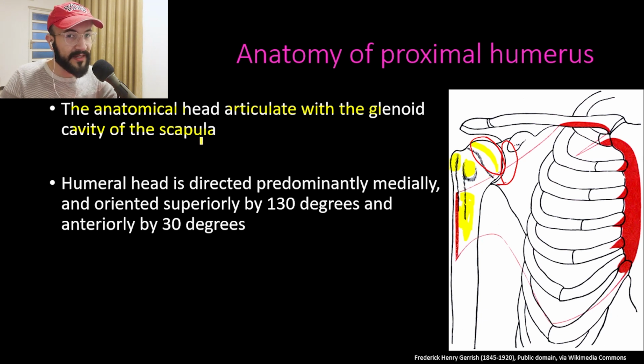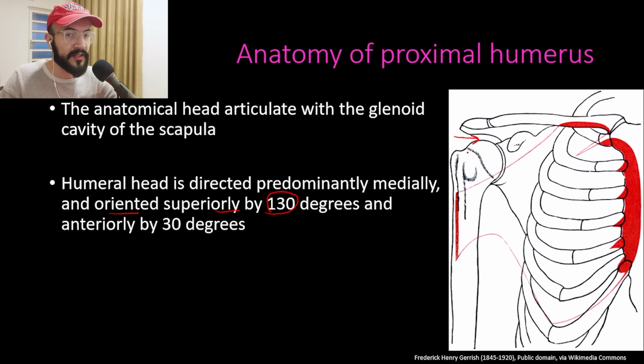The humeral head is directed predominantly medially and oriented superiorly by 130 degrees and anteriorly by 30 degrees. So the humeral head is directed to the medial side, as you can see, and it is oriented superiorly by 130 degrees.